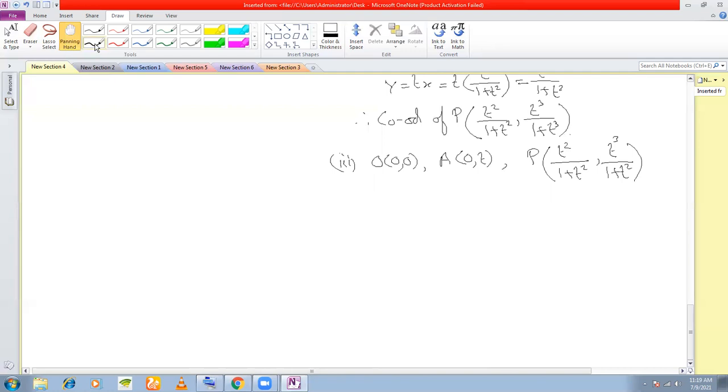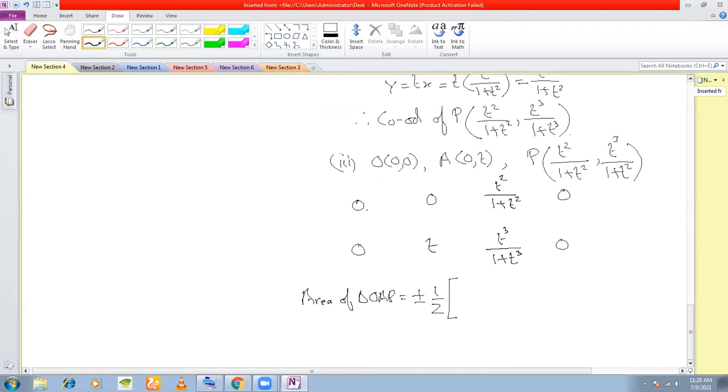So write the coordinates as we do to find out the area: x1, y1, x2, y2, x3, y3, and then again x1, y1. Area of triangle OAP is equal to plus or minus half multiply 0 minus 0 plus 0 minus t into t square by 1 plus t square.